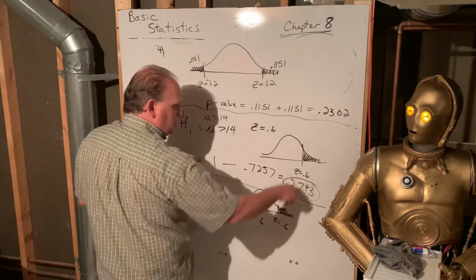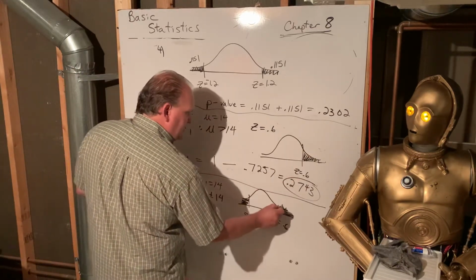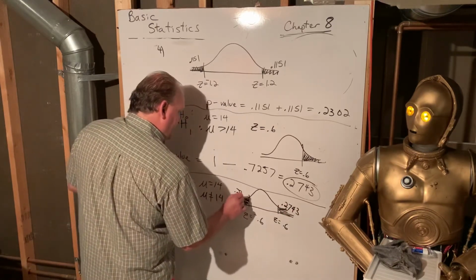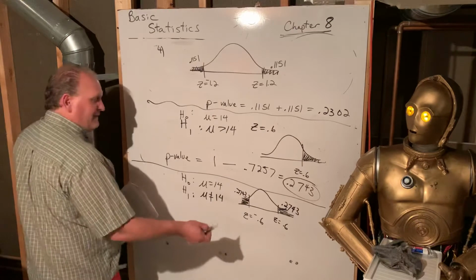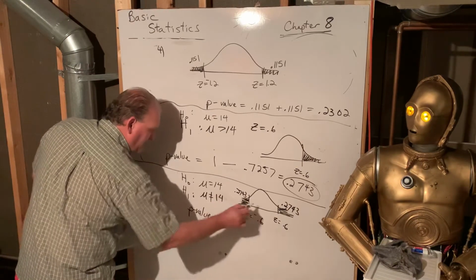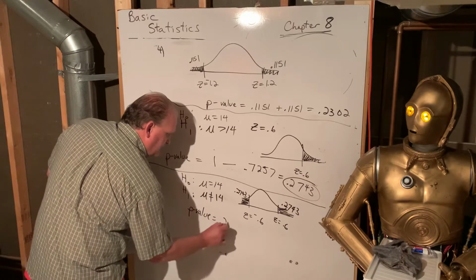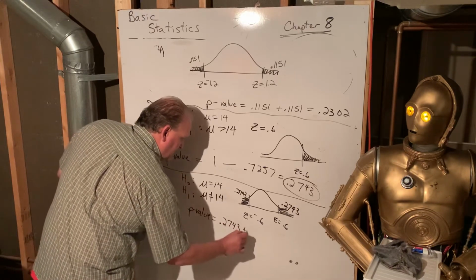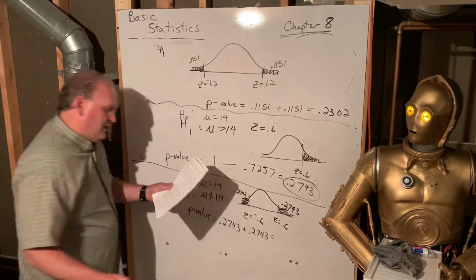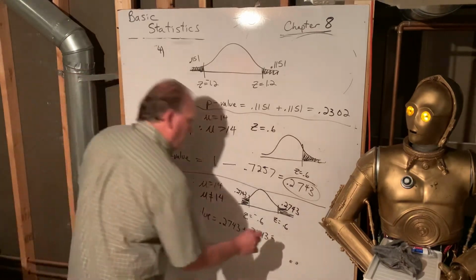Well, it's 27%, 0.2743 there, and 0.2743 there. And so to find the p-value in this case, we would double that or add them together. 0.2743 plus 0.2743. And so that'll be 0.5486.